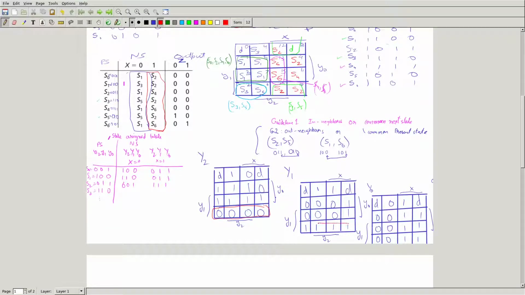So here the adjacency of S2 and S5 created these 2 bit groups, and because they differed in 1 bit, that doesn't happen here. Similarly, S1 and S6 are close here, and because of that these 2 big groups are created.